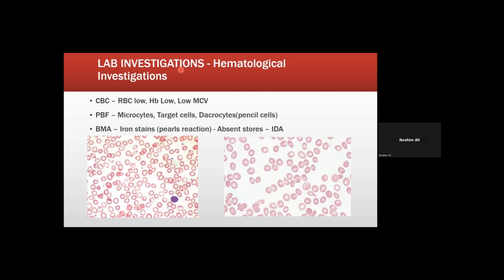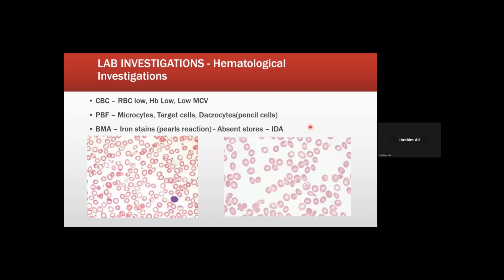But in case of anemia of chronic disease, we don't have a problem with the iron store in the bone marrow. But the problem is in the circulation, because of the chronic disease, the macrophages try to, let me take a good example of TB, for example.